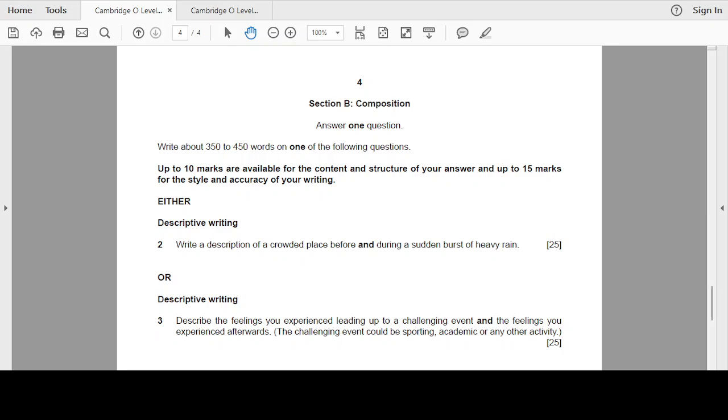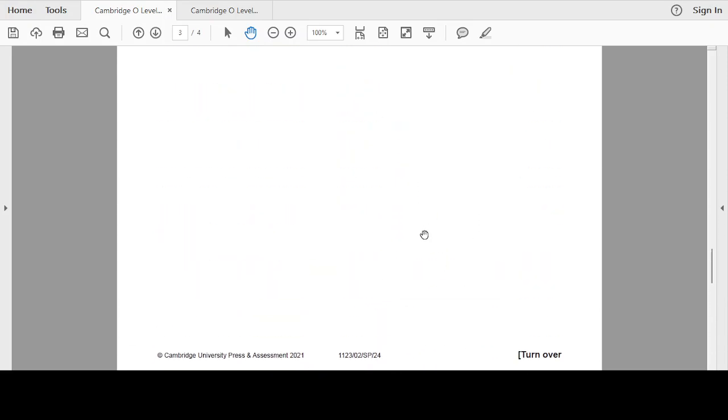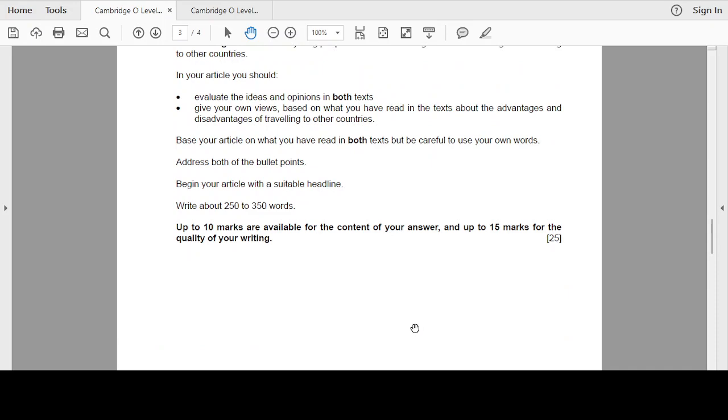There are students, however, who do manage to write more, they go over the limit and they manage to maintain the quality of the writing. And time, right? Students struggle with time management. If you're writing more, that means you're spending more time on this question, which means you're going to struggle with the other question. In this case, both of them are writing questions. So I don't know if you want to put yourself in that situation.